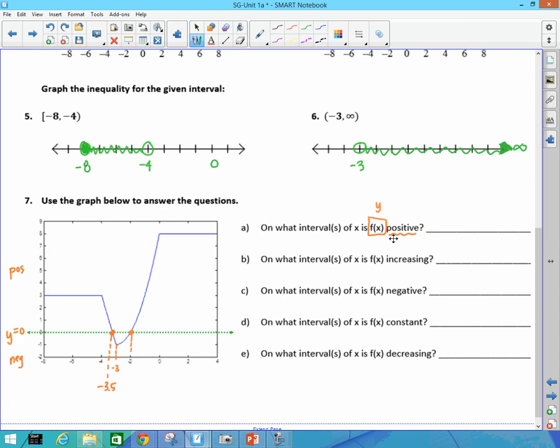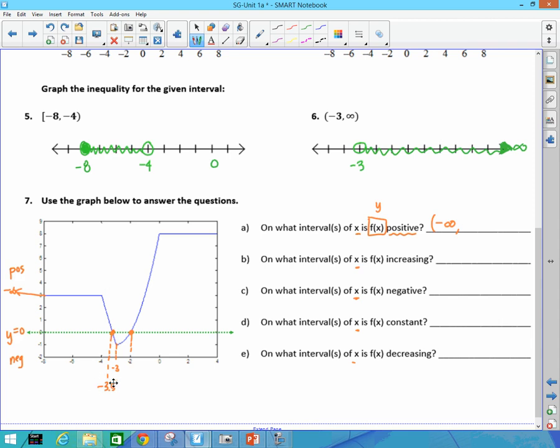So on what interval is it positive? Well, it goes on forever and ever here, so that's negative infinity all the way to this point. Notice that the answer is on what interval of x. So when you find the point that it goes to, you got to give me the x value.